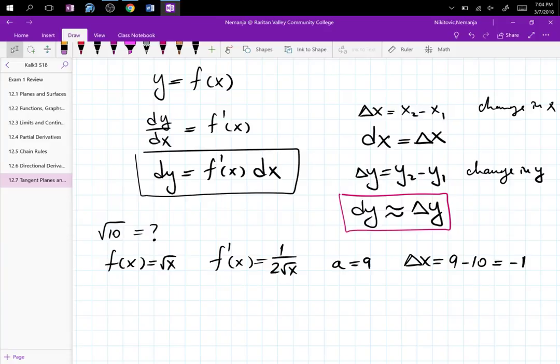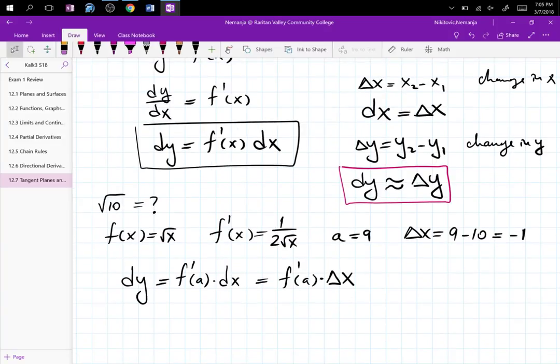So I have all of the pieces now. dy is equal to f prime computed at a times dx, and we also know that dx and delta x are the same thing. So that's technically my formula.